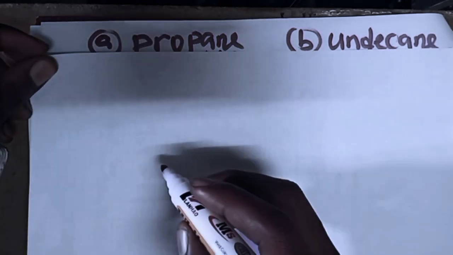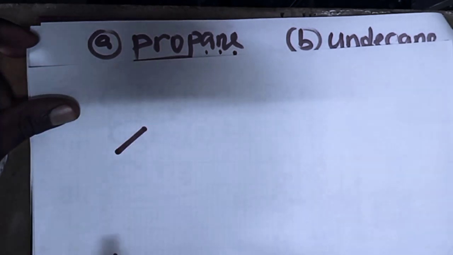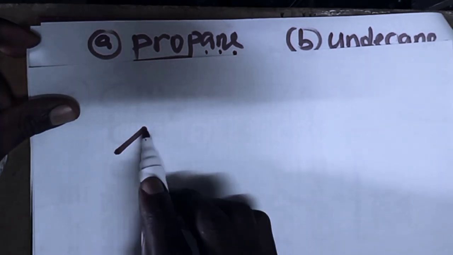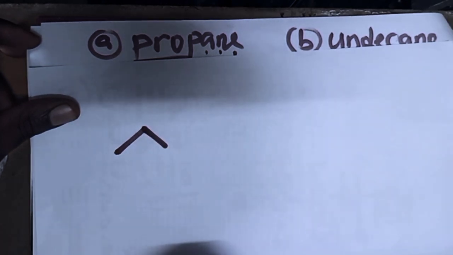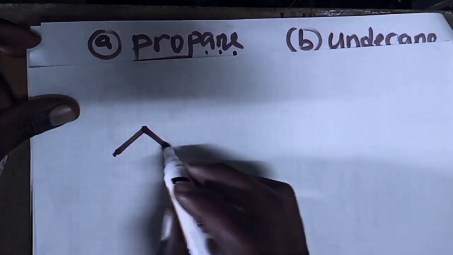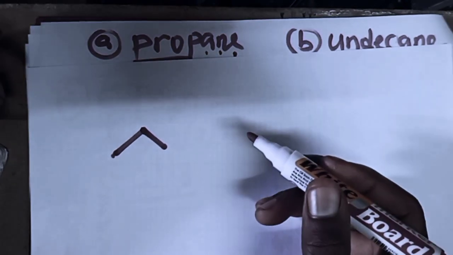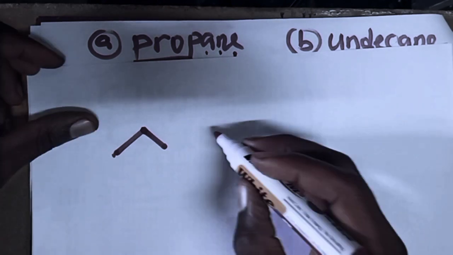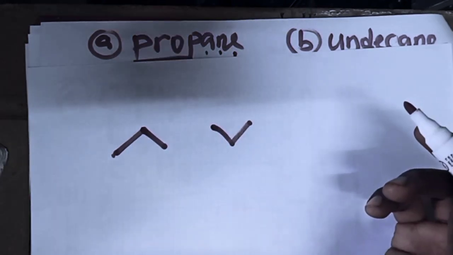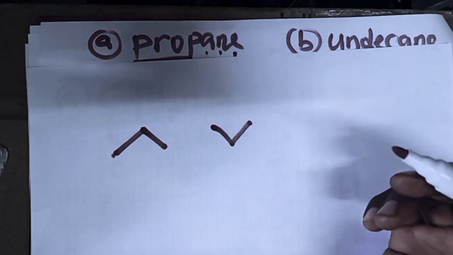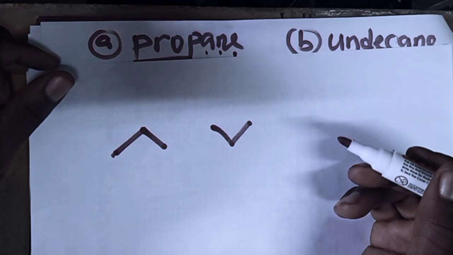If you say 1, how many carbons here? 1 and 2. Again, you make a corner. So there are 1, 2, 3. This alone, it is propane. It is just the skeletal structure. If you want, it can be like this. Anyhow, it is still propane. And that is correct. We'll go to the next question.